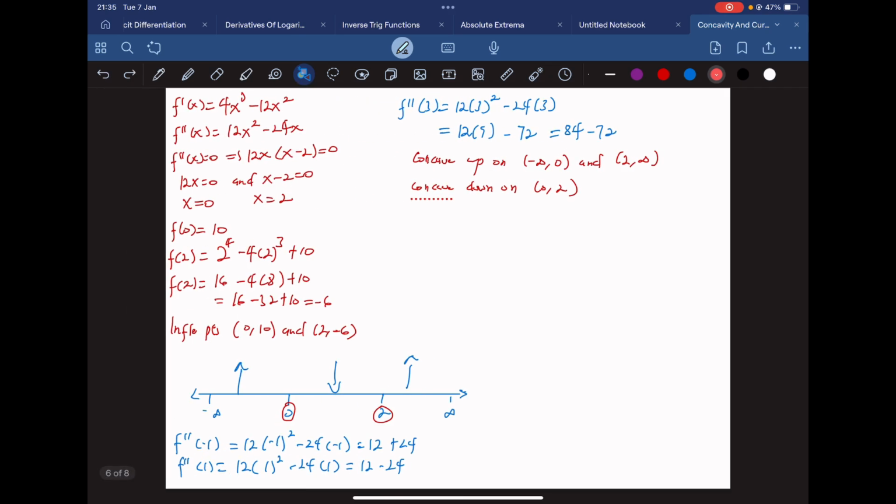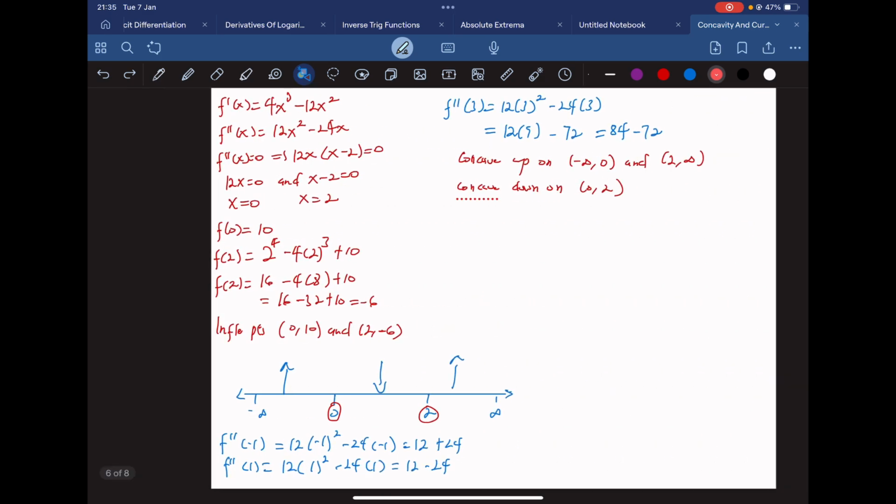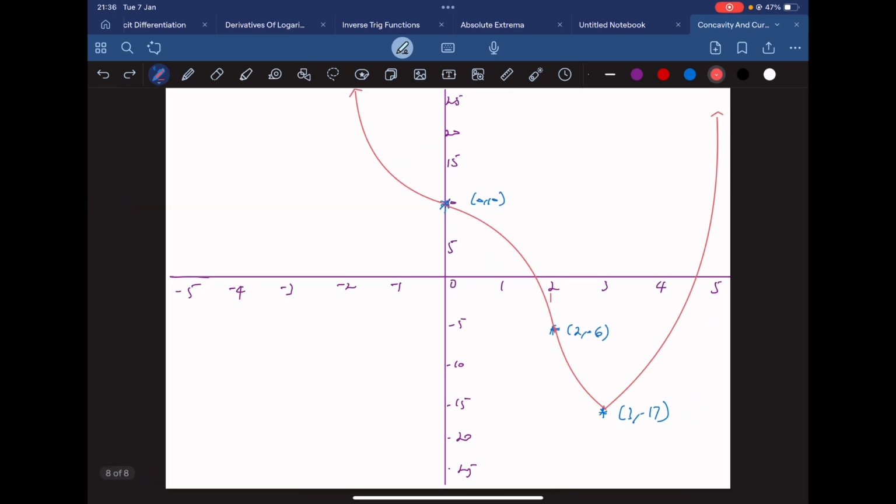Now let's check for our inflection points. We got to see that our inflection points were 0 and 2. So let's see. Clearly at 0, you can tell the concavity changes, right?